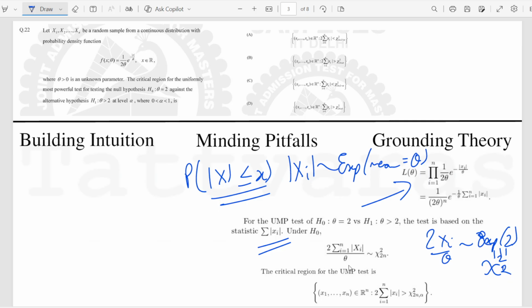So this entire sum is chi square 2n, and this likelihood ratio is increasing with summation mod xi. So this would be the critical region of the test based on the form given here.